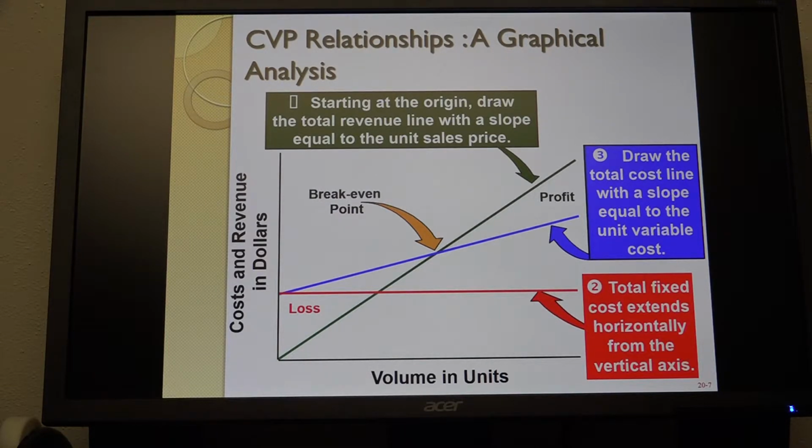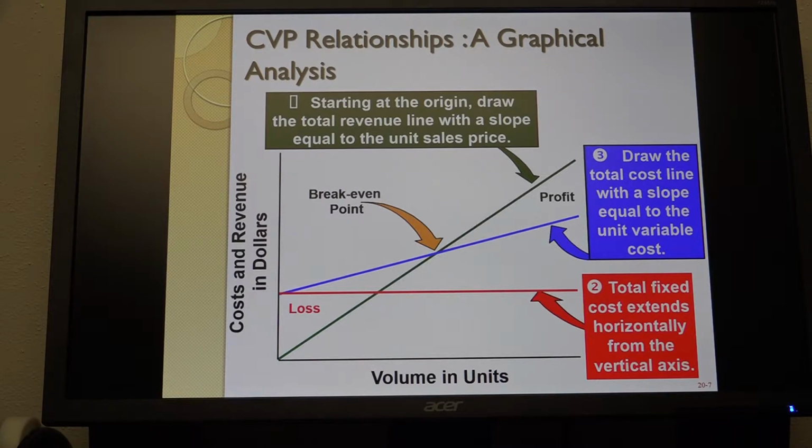Along the left-hand side going up, you've got costs and revenue in dollars. So you've got the green line starting at 0, meaning at the very bottom you've got 0 income. As you go up, your revenue increases.